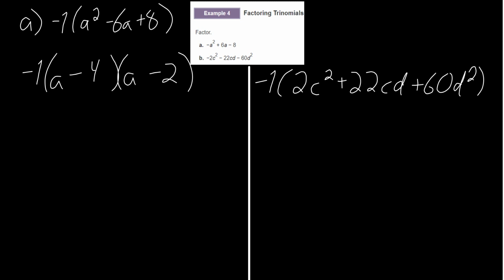And the last thing in this particular case that we learned was factoring out negative 1. But I now see I can factor out a 2, so I'm going to pull out a positive 2 out of all of these. And then when we do that, what's positive 2 times a negative 1? It's negative 2. So it still ends up being the same thing as if I were to pull out a negative 2.